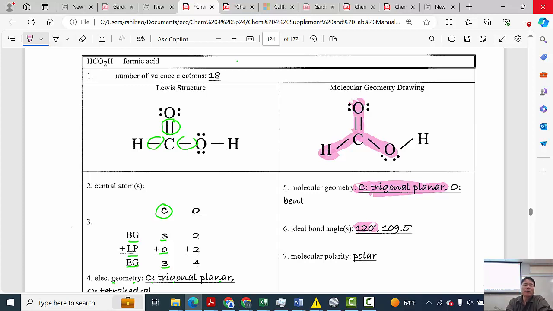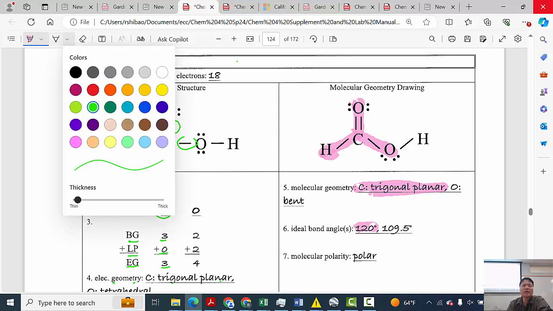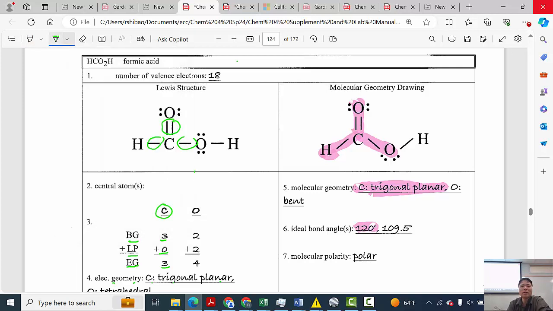All right, then what we're going to do is take a look at the oxygen next. And so when we look at the oxygen, how many groups of electrons around this? Now we have two oxygens. We have what we call a blank oxygen here, and we have a blank oxygen here. What were the terms I used for describing these two oxygens?